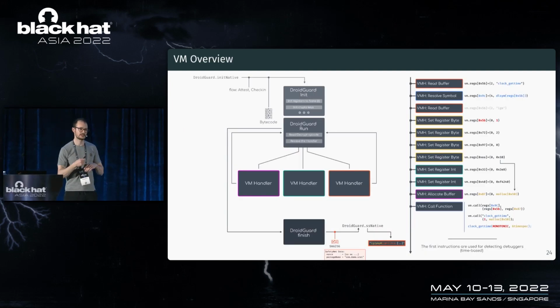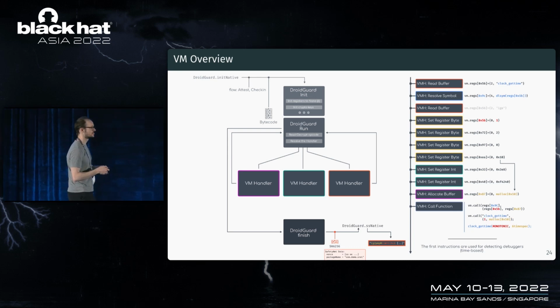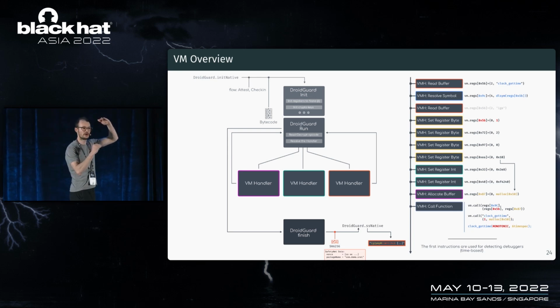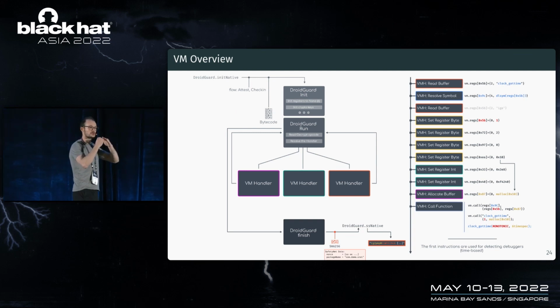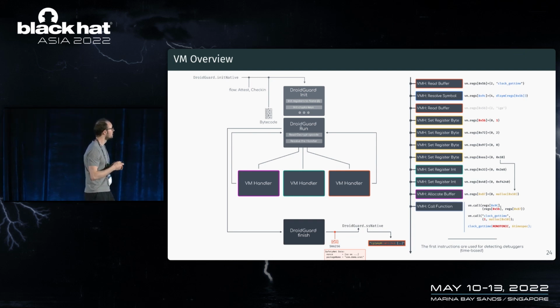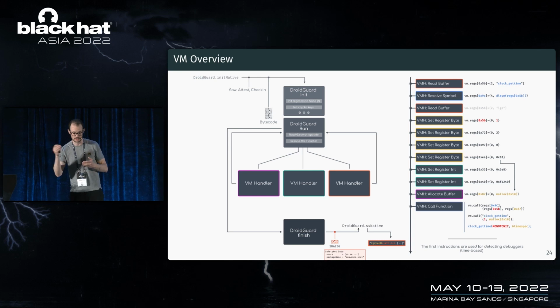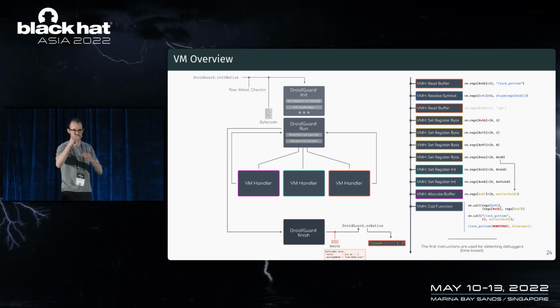So now, regarding the execution of the bytecode, you have basically a sequence of VM handlers that are used to perform some computation or some check on the device. So the first handler is used to read, for instance, a register. Then you will resolve a symbol that is associated with a buffer, clock, get time, and so on.